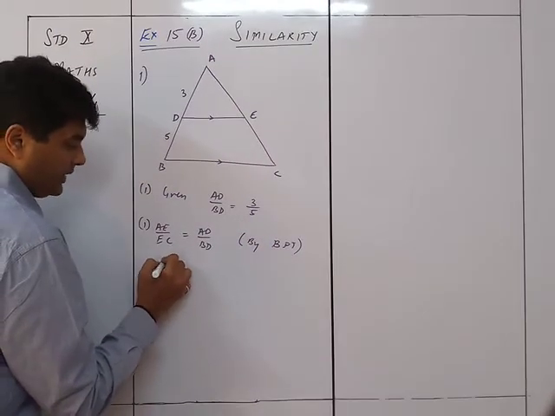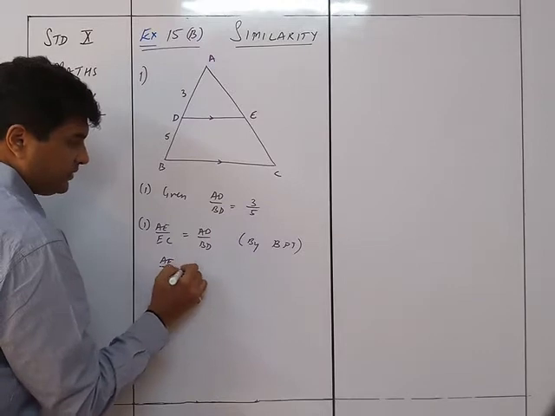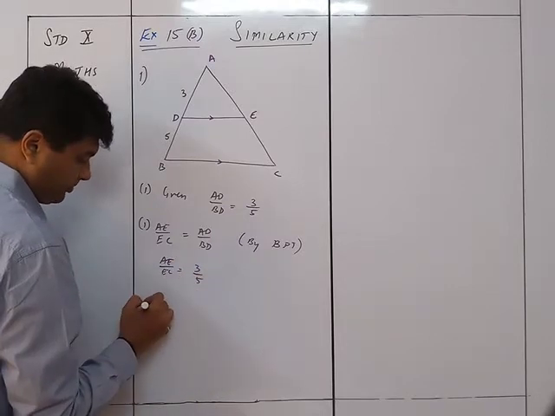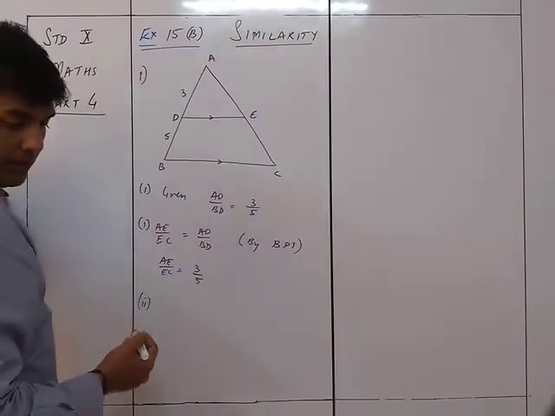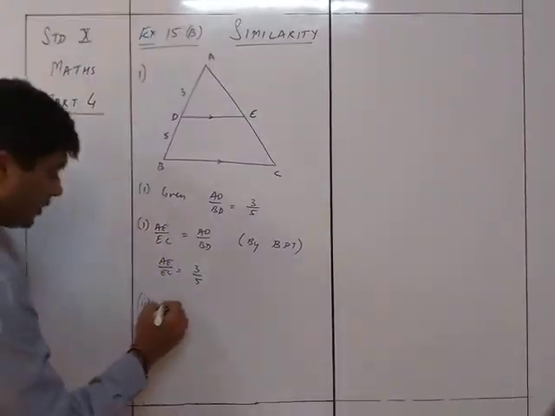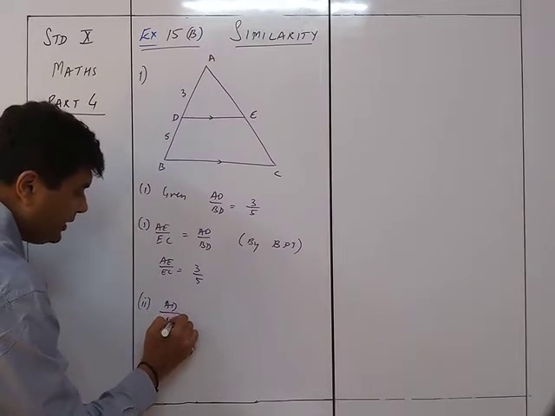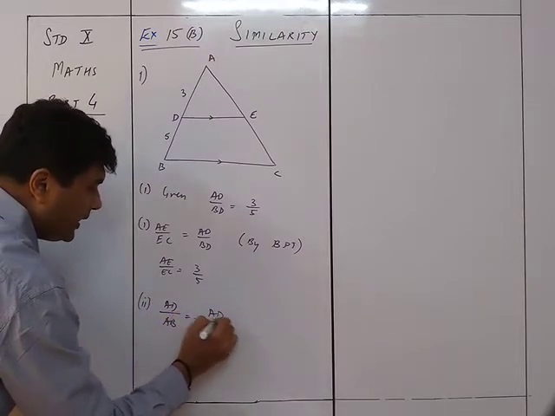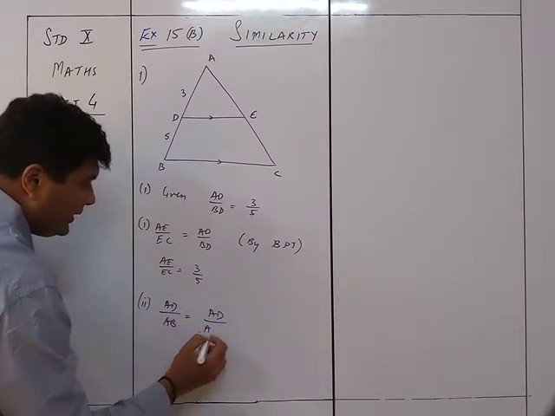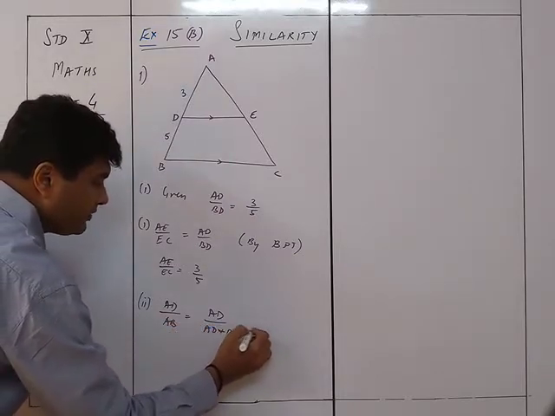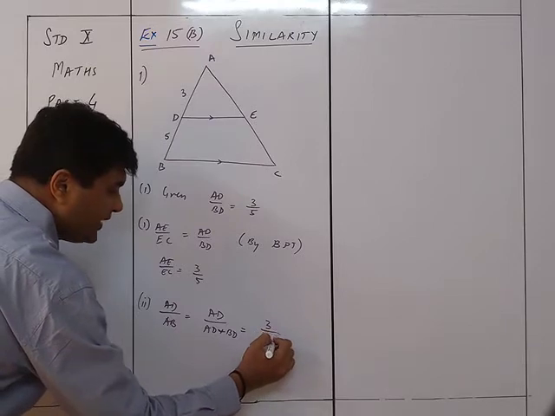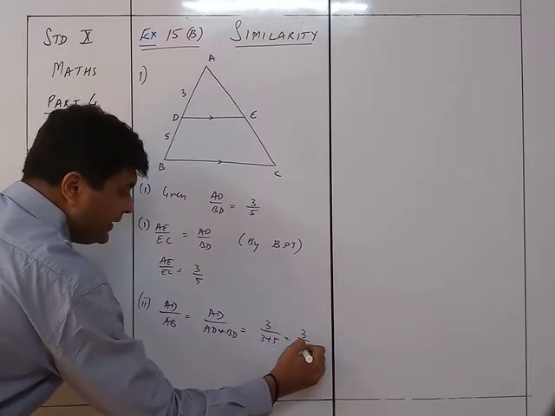Therefore, AE upon EC is equals to 3/5. Second part, AD upon AB. Now, AD upon AB is equals to AD upon AD plus BD is equals to 3/3 plus 5 is equals to 3/8.